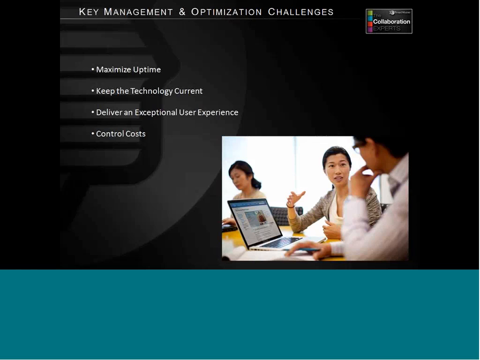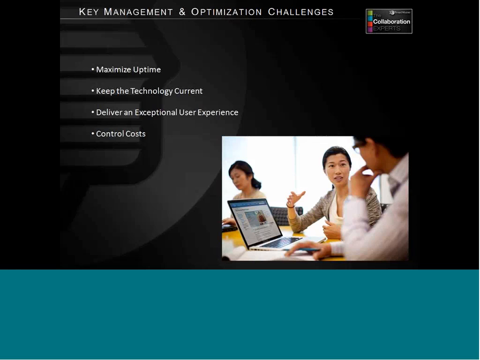Now, the development of technology means that's not the case anymore, and with major vendors like Cisco, or excuse me, Microsoft or Avaya, you will now see pretty significant upgrades to the capability of the technology every 6 to 12 months. And the market is moving very quickly. And so for an organization to keep their technology current is obviously more complex today than it used to be.